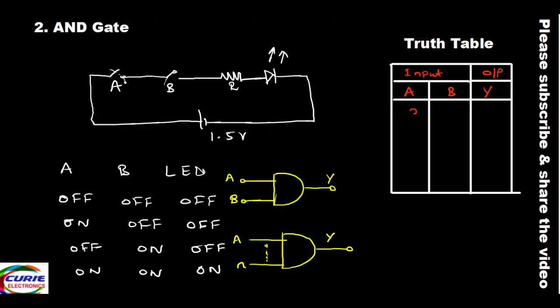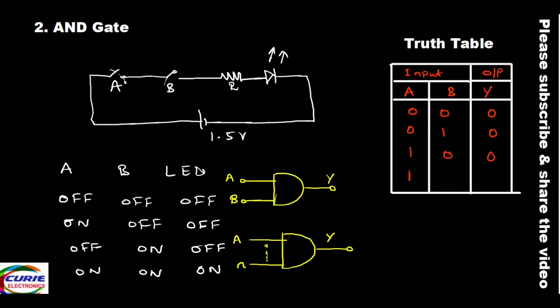When both switches are off, output was 0. If any one of the switches is off, it will be 0 only. Only when both switches are on does the circuit give high.